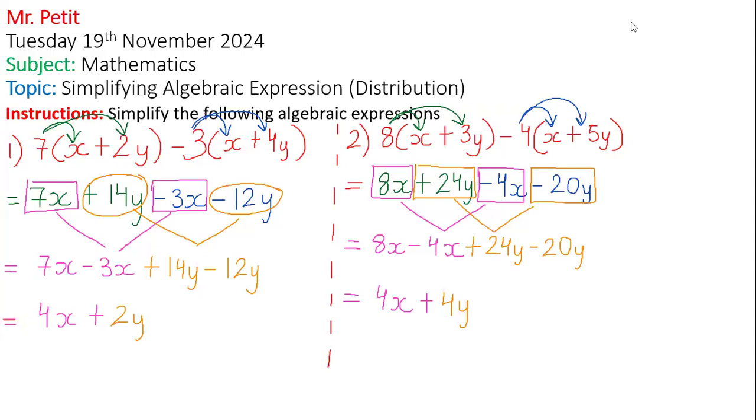Wyatt, are you writing this down? You understand how to do this? Jeremiah, do you understand how to do this?